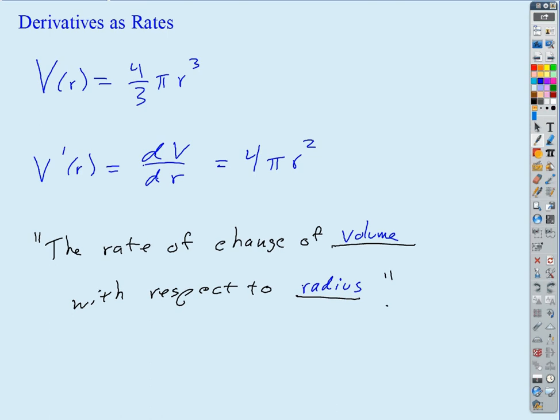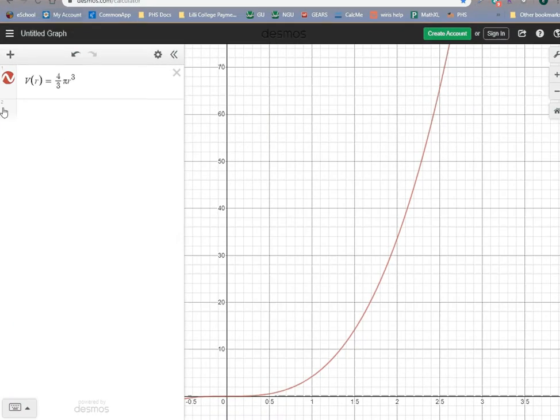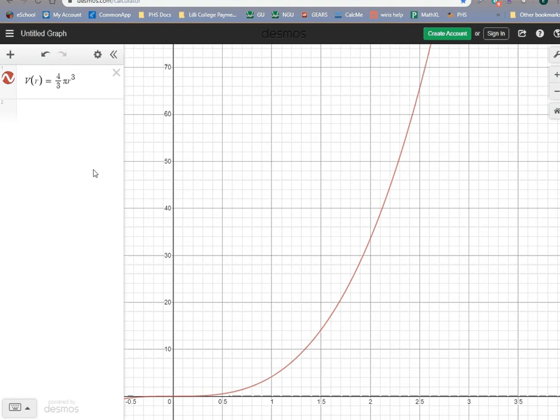If I pull up a graph on Desmos of volume as a function of radius, there it is, right? There's volume as a function of radius. So this is not linear, is it? What's this telling you? As the radius increases at first, the volume goes up not so rapidly, right?